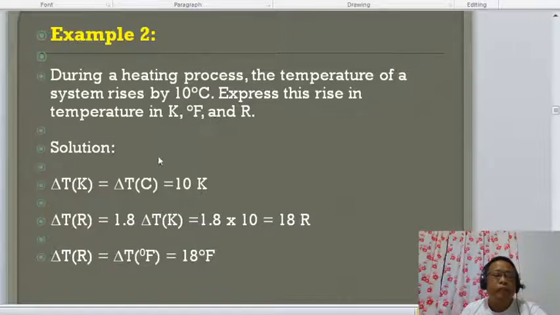If you already have a value in Kelvin or Celsius scale, just multiply it by 1.8, and you will get the absolute value or the change in temperature in Fahrenheit and the Rankine scale. So take note that 10 multiplied by 1.8 is 18. Okay? So the change in temperature now in Rankine and in Fahrenheit is equal to 18 degree Fahrenheit.